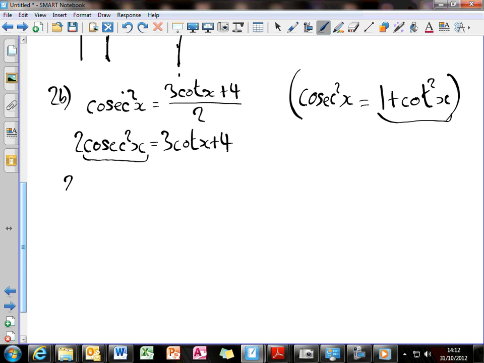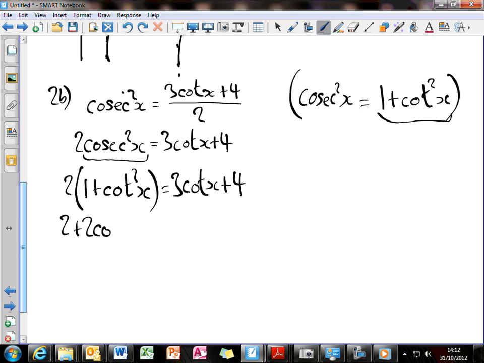So it's going to be 2 times 1 plus cotangent squared x is equal to 3 cotangent x plus 4. And multiplying out the bracket, this is going to be 2 plus 2 cot squared x equals 3 cot x plus 4.